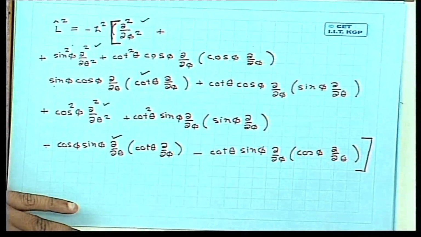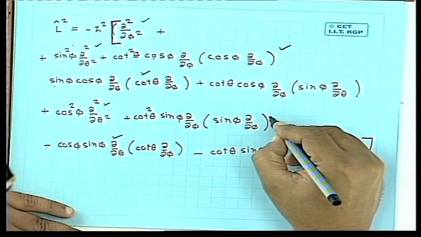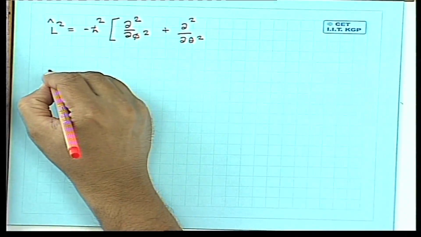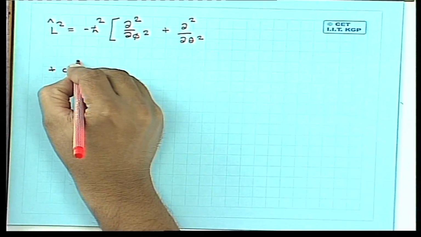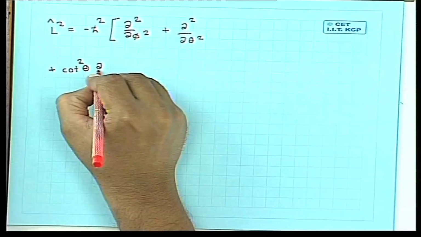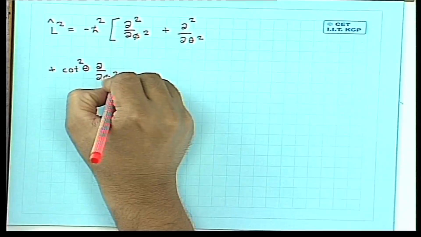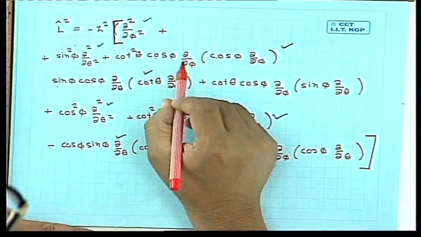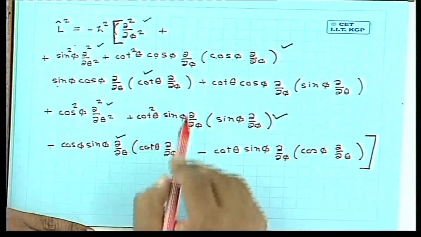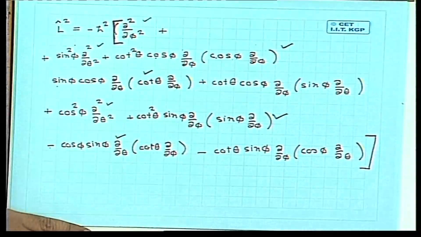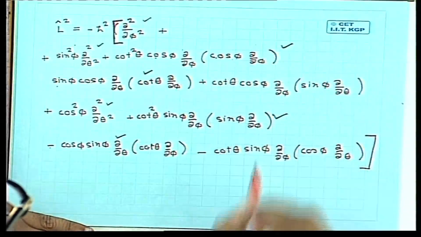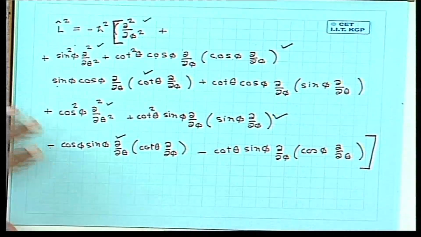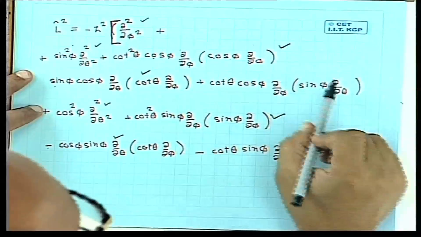So these two terms contribute to give me plus cot square theta del square by del phi square. Okay, because when this acts on the cos phi, it cancels out with the term which I get when this acts on sin phi. So these two terms are taken care of, and what remain are only these two terms over here. So let us see what the outcome of differentiating this is.